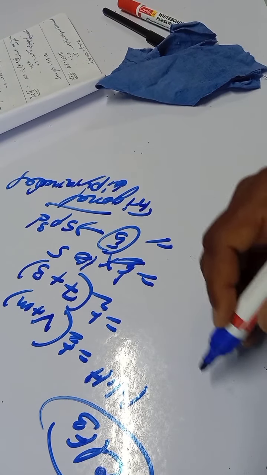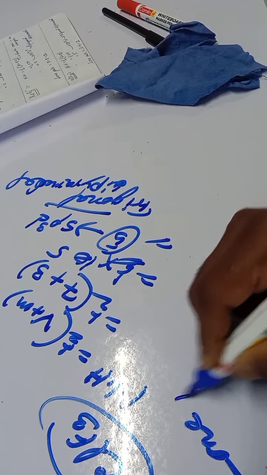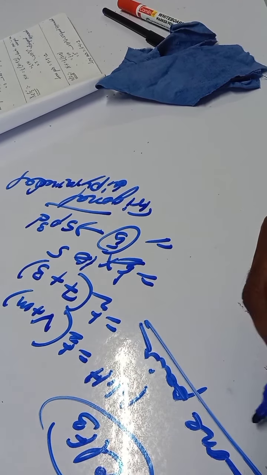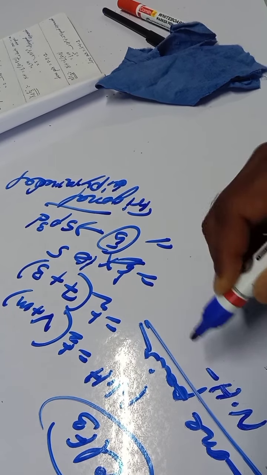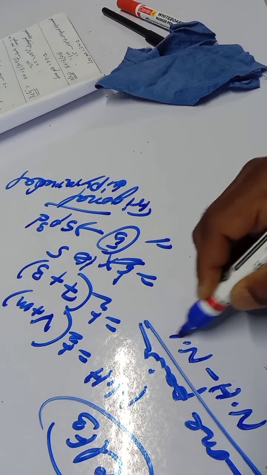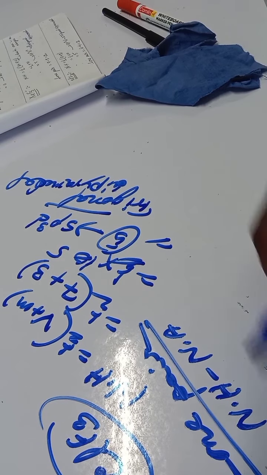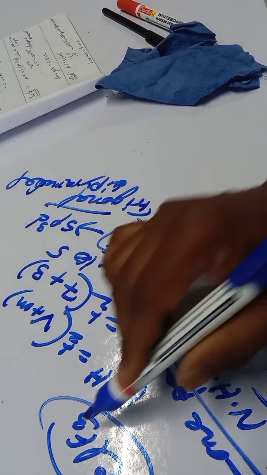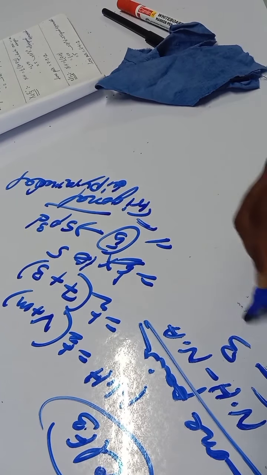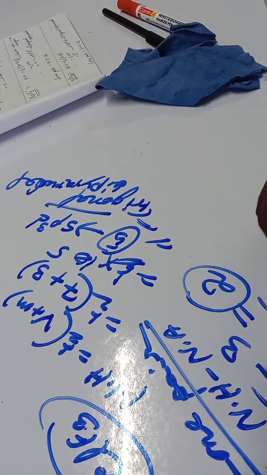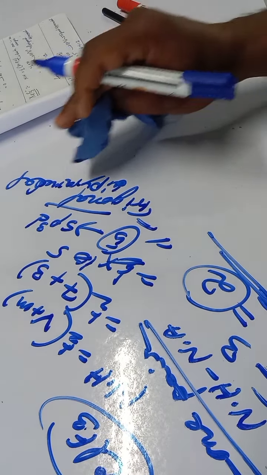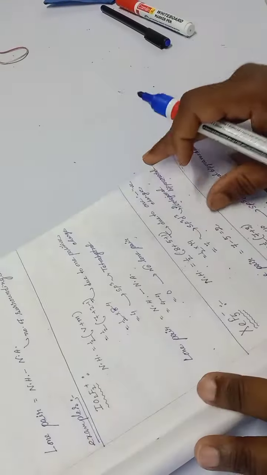The number of lone pair is NH minus Na. The number of hybridization is 5, the number of surrounding atoms is 3, so the lone pair is 2. Clear, my dear students? Next we discuss the next particles.